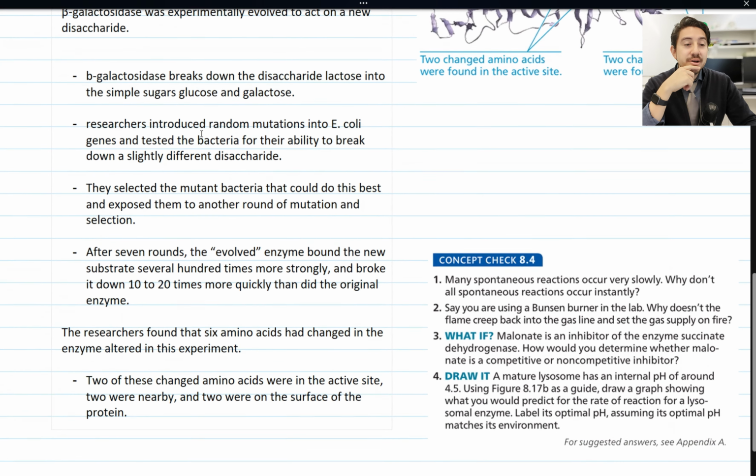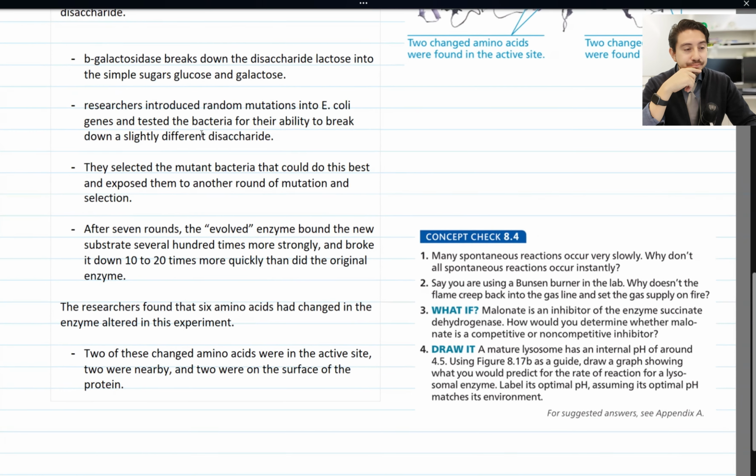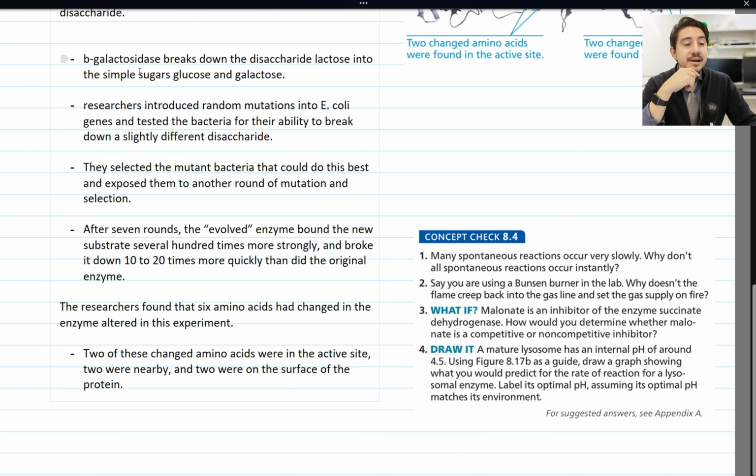That's very interesting. Beta-galactosidase breaks down the disaccharide lactose into simple sugars like glucose and galactose. Researchers would introduce a mutation in this E. coli gene and test if the bacteria would be able to break down these same things or some other types of disaccharides.